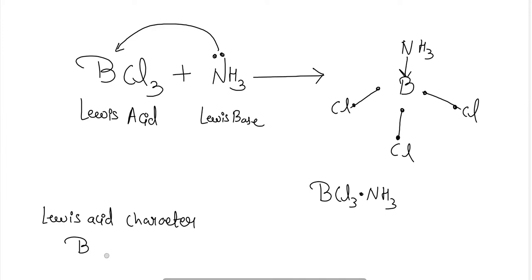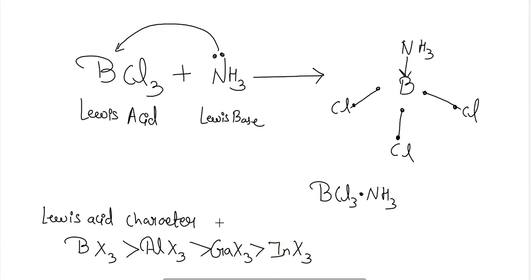It has more Lewis acid character in comparison to the aluminium halides, while gallium and indium have the lowest. And thallium will not show any kind of Lewis acid character, because it shows plus one valency only.